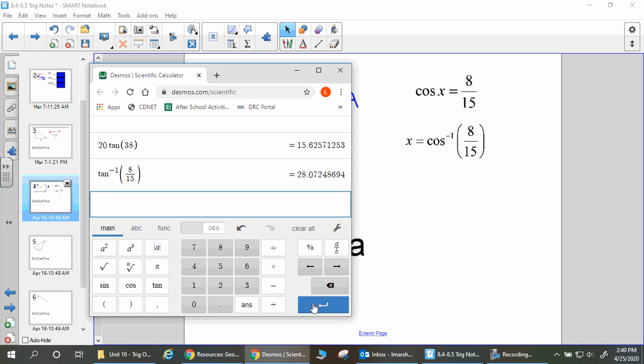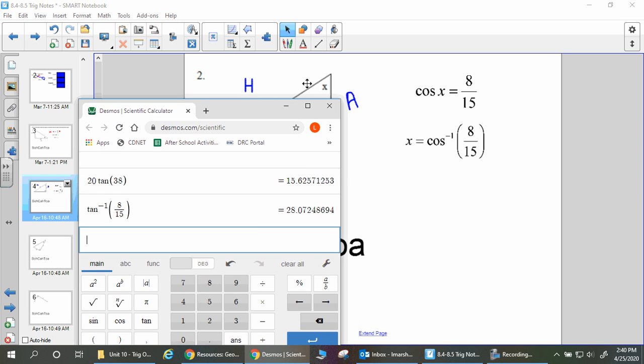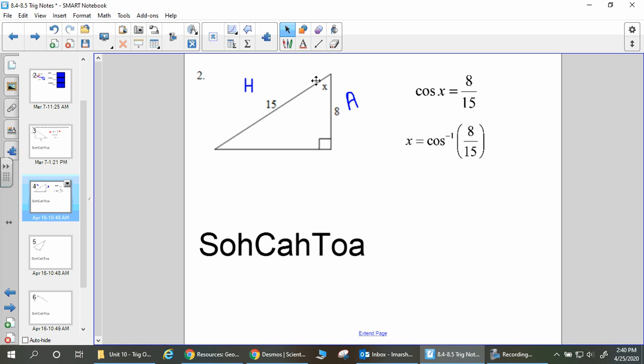And so we're looking at 28.0724. This time we're finding an angle measure, right? So if I'm finding an angle measure, it told me to round these to the nearest whole degree. So the 0 here would not round up. So this is a 28-degree angle. Okay, so my x would just equal 28 degrees.